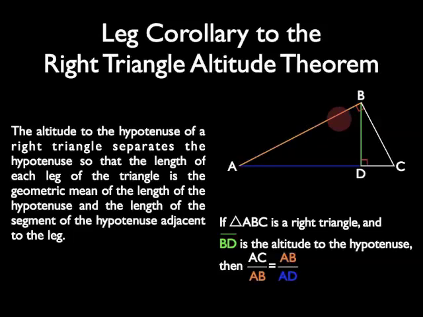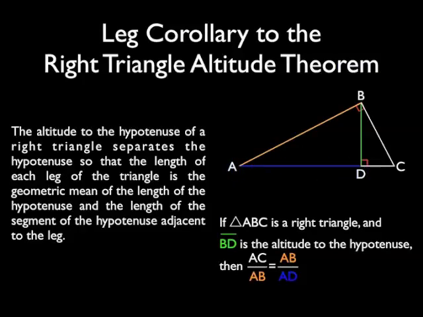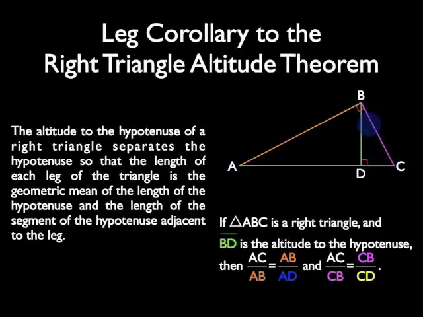That means segment AB is going to be the geometric mean of the whole hypotenuse AC and the segment adjacent, or closest, to segment AB. And likewise, AC over CB is equal to CB over CD.